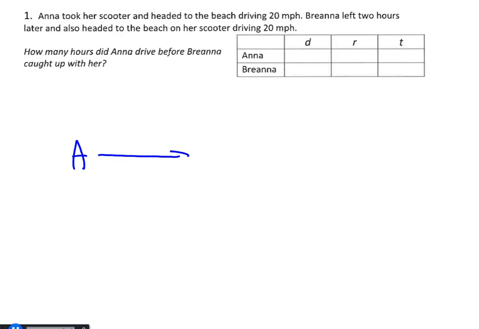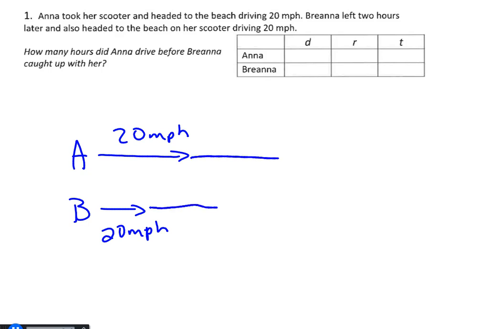If Anna leaves and travels at 20 miles per hour, and Brianna waits and then leaves traveling the same speed, if they're both traveling the same speed, then one of them is never going to catch up to the other one. They're going to stay that same distance apart. So the answer to that one is just that she can't catch up.